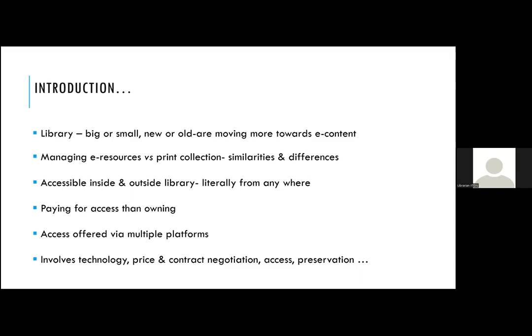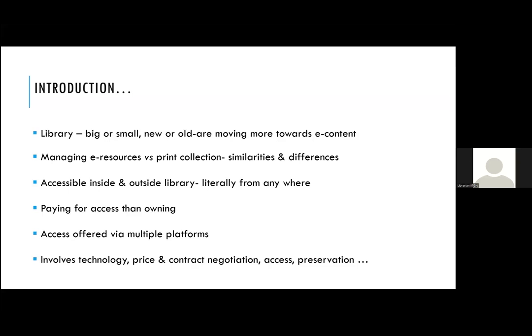And when we talk about electronic resources, it involves technology because it's electronic content. Then price, there is no fixed price. We just don't know what price we need to pay. And there is a big document called contract, license, and we need to negotiate for every resource that we want to have for our users.